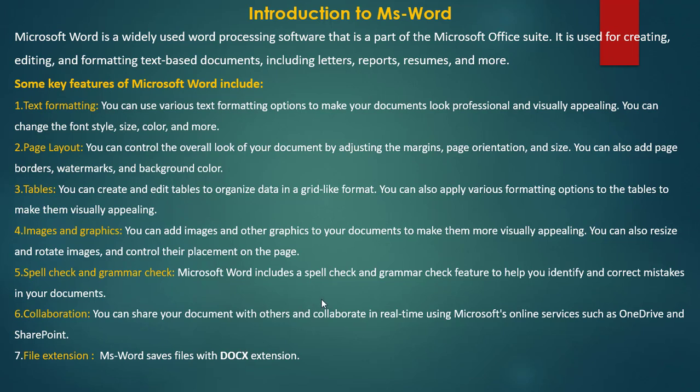Suppose you are saving a document named resume, resume.docx is the extension for MS Word documents. So that means the extension indicates that it is an MS Word document file. So docx is the extension for MS Word document files.